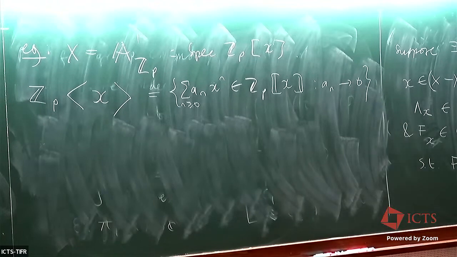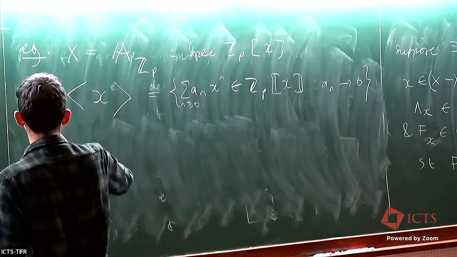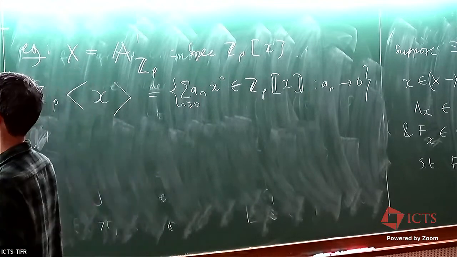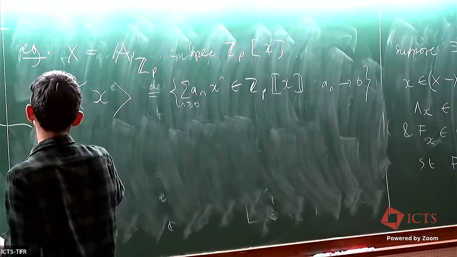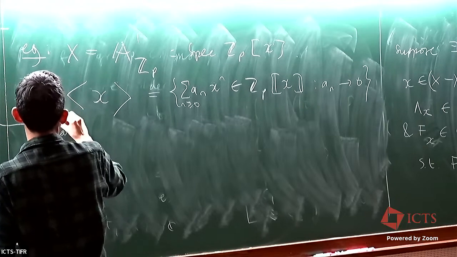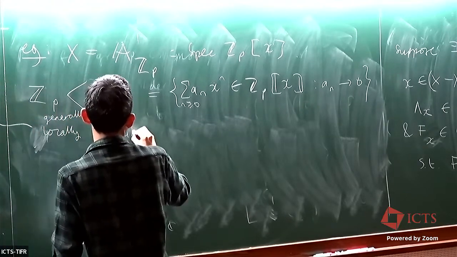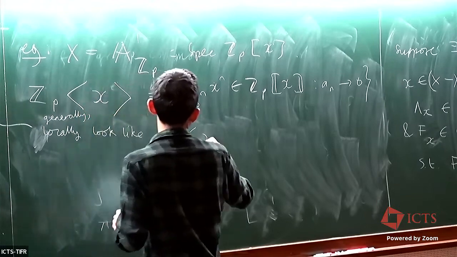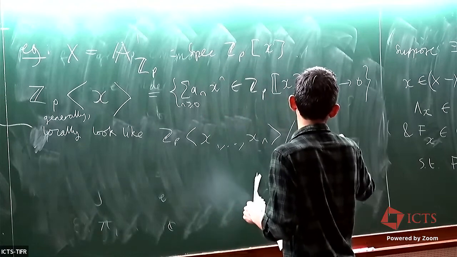And more generally, you can define so our finite type is saying that we're going to locally look like Spf of Z_p angle brackets x_1 up to x_n, modulo f_1 to f_n.